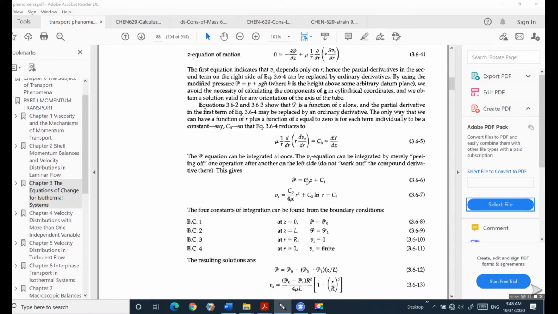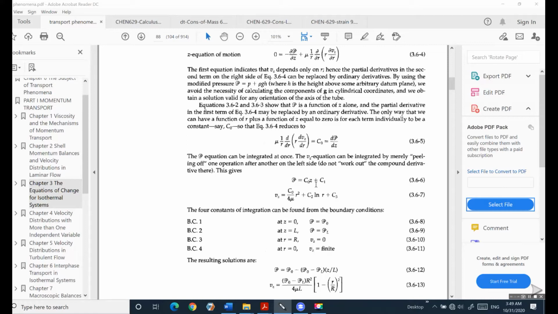We have two constants, c0 and c1, and p equals that. If we take the derivative, sorry, the integral of that one, it gives that one, and if we integrate two times, we obtain vz equal to that one, and we have 3 unknown constants.